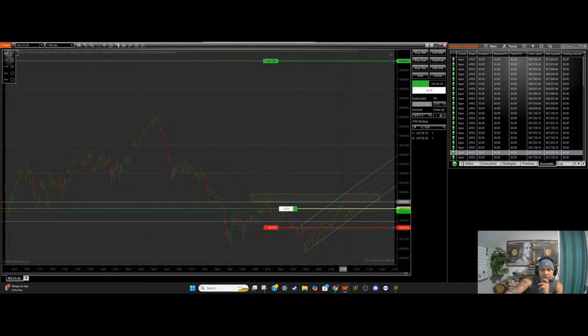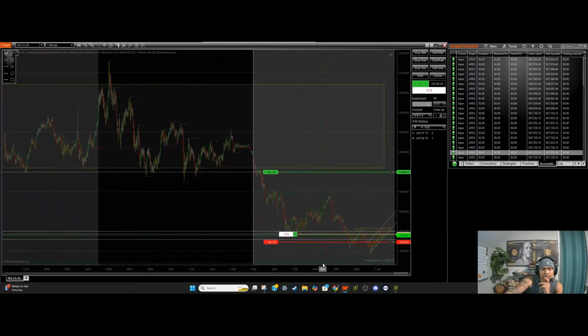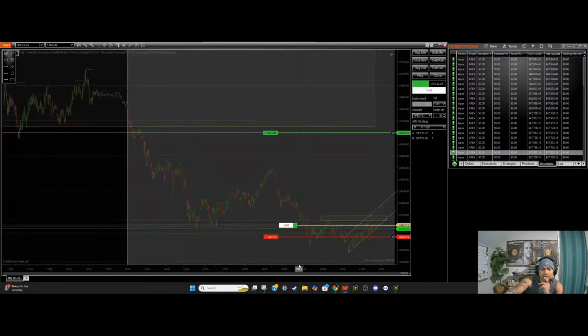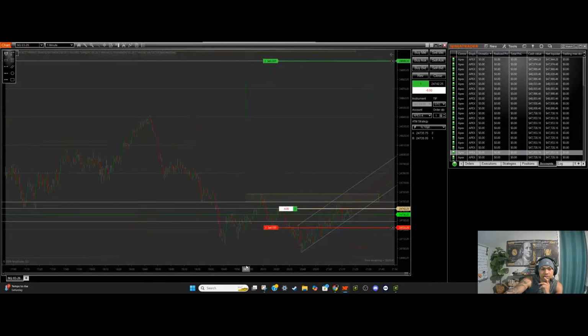I am bullish above 24,750, and that's the move I really want to catch to 24,900. That is the range I am hopeful for, because that's what NQ does.